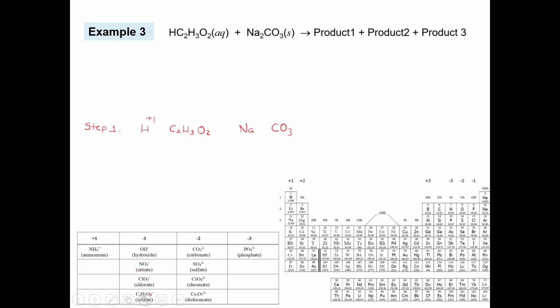In the case of the acetate, we can see the charge is negative 1. For sodium, it's in the first group. This is why it's +1. And carbonate, which is also a polyatomic ion, the charge is -2.